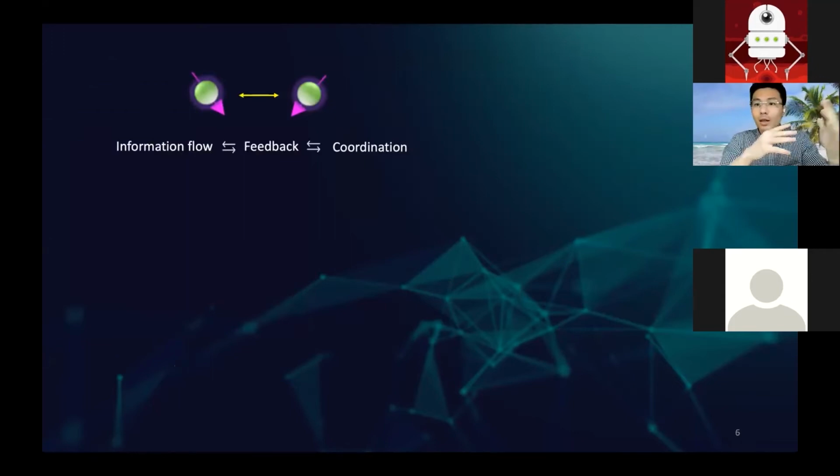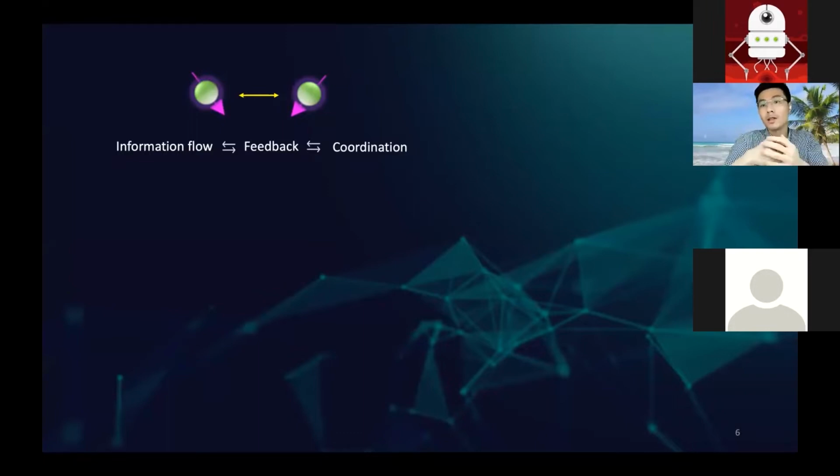If you go back to collective intelligence in nature and compare it with collective behavior in synthetic systems, you will find that there is always information flow and feedback between the active individuals. Those individuals can coordinate their behavior and gradually demonstrate self-organized collective behavior.